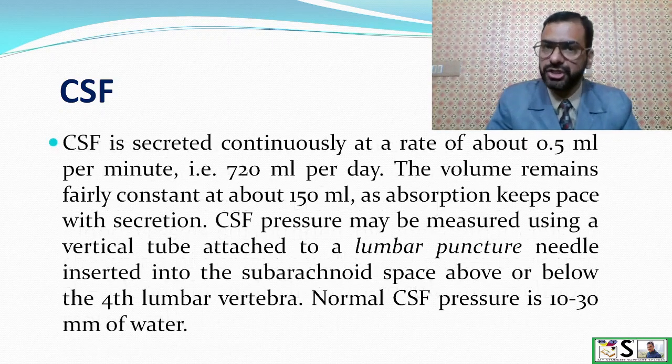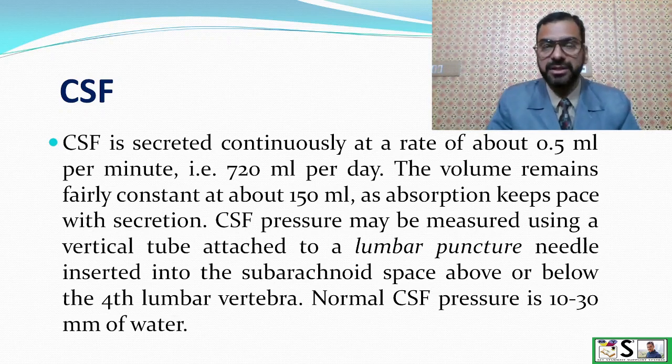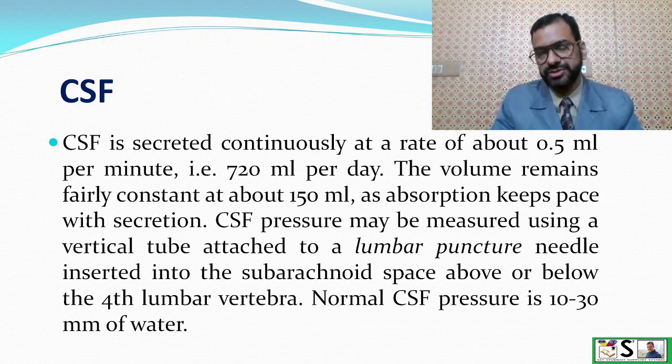CSF is secreted continuously at a rate of about 0.5 ml per minute, meaning 720 ml per day, but the volume remains fairly constant at about 150 ml around the brain and spinal cord as the absorption keeps pace with the secretion, meaning the absorption and secretion continuously take place at the same rate.